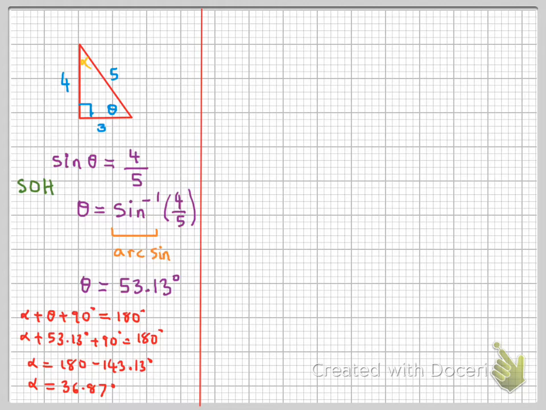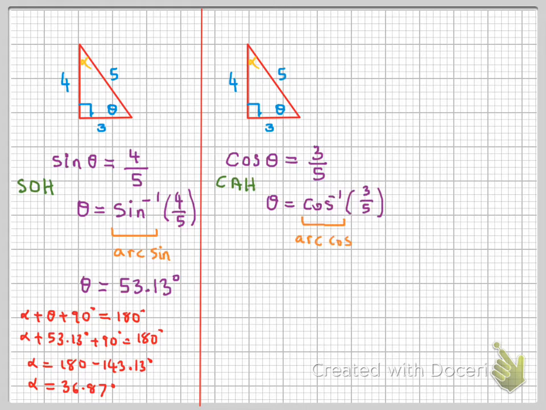Alpha will be 36.87 degrees. That is if we use sine. But we can also use the cosine trigonometric ratio. Cosine is the adjacent side divided by the hypotenuse. So cosine of theta is 3 divided by 5.